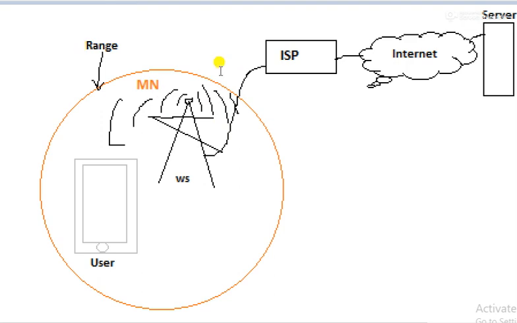Now again in this case, it's not like just only the request will be delivered. While delivering the request, the user will provide some sort of hardware details.